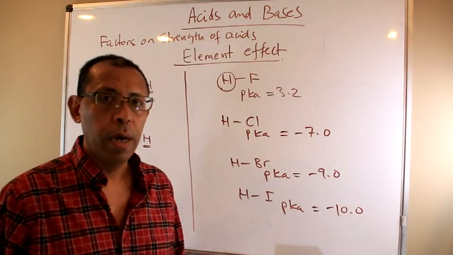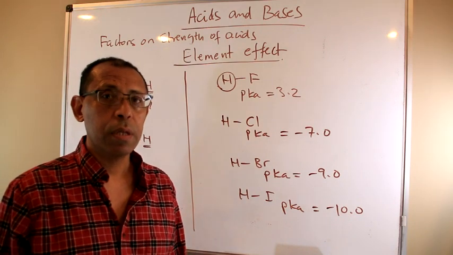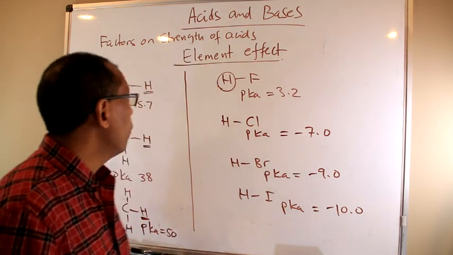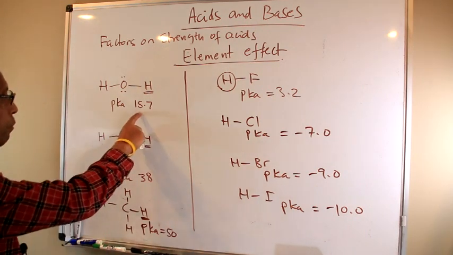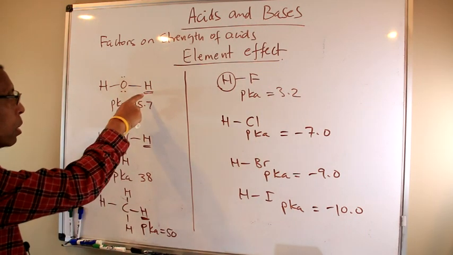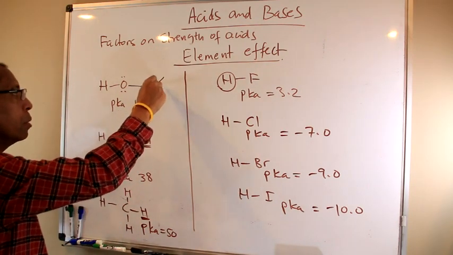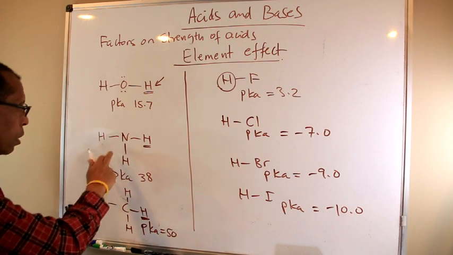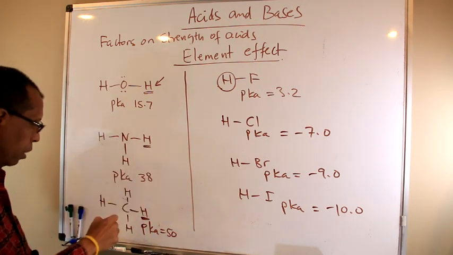Now let's see what the element's effect is in terms of strength of an acid. If you just look at these three examples, you have a pK of 15.7 for water, referring to that particular hydrogen. And if you just look at ammonia, that hydrogen has a pK of 38.